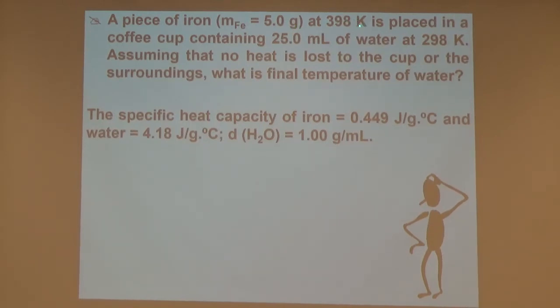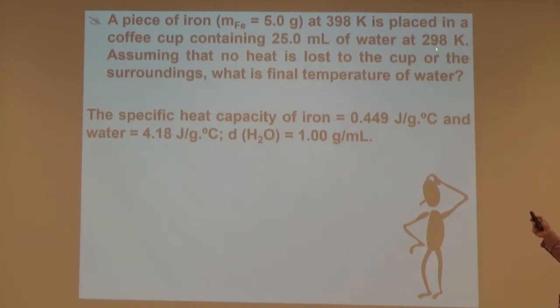This is the initial temperature in Kelvin. The next thing they said is that we placed it in a cup that has 25.0 milliliters of water. They did not give you the mass, but they give you the volume of water. If you knew the density of water, you should be able to calculate the mass of water. Density of water is just 1 gram over milliliter. So this volume, 25.0 milliliter, is going to be equal to 25 grams of water. So we do have the mass for water.